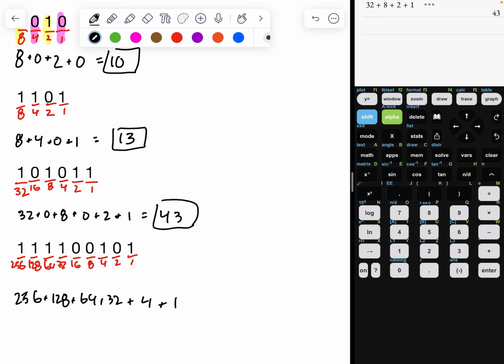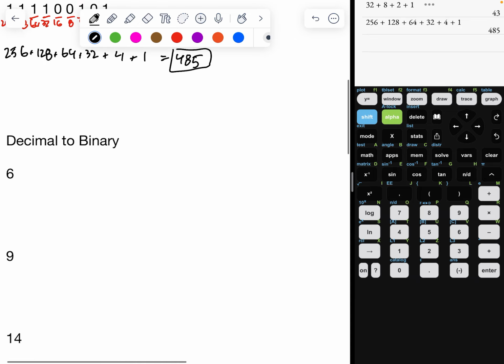I'm skipping the zeros just for my own sanity here. And then I'll put that in my calculator because that's a little too big even for me. 256 plus 128 plus 64 plus 32 plus 4 plus 1. And that's 485. So we see binary numbers can get very, very long. And we're going to see that in these examples when we go the other way.